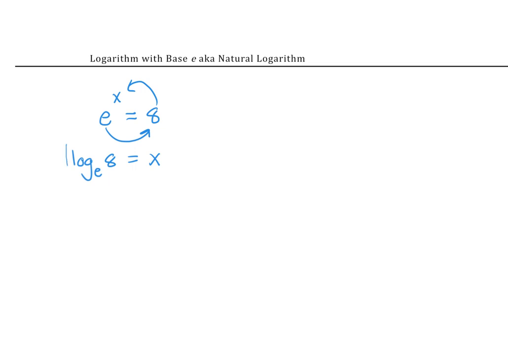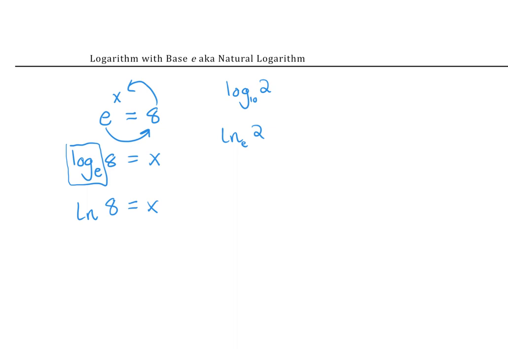However, instead of log base e, we just change the notation and it's ln. That's natural log of 8 equals x. They're communicating the same thing. This is just like a common log: log 2 means base 10, and when you see natural log, that means base e.